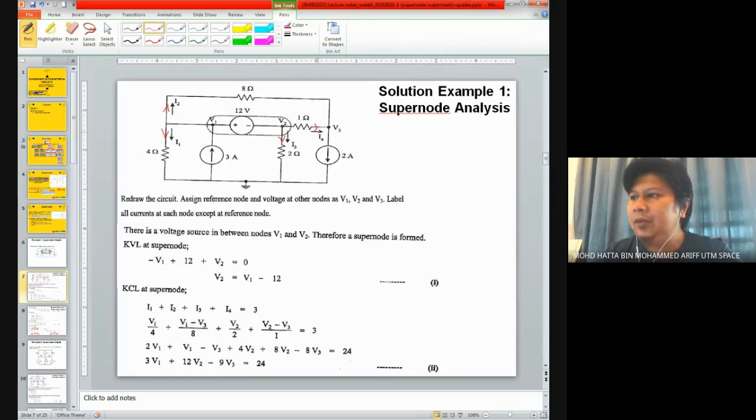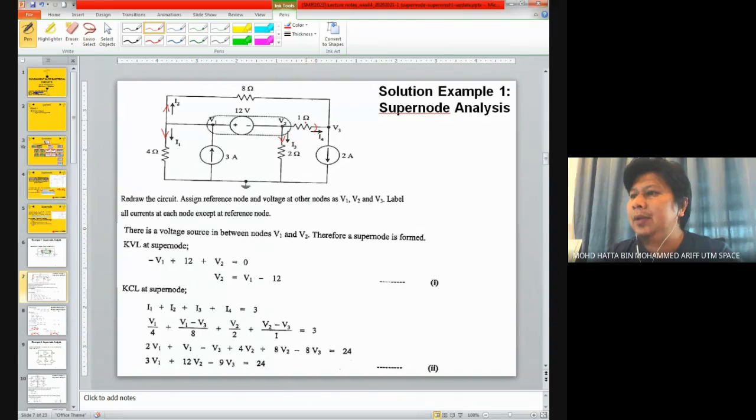If you assign I4 in the opposite direction, it doesn't matter, it's okay. However, you need to maintain the current direction until the end of the analysis. All right, let's consider the currents assigned like this.